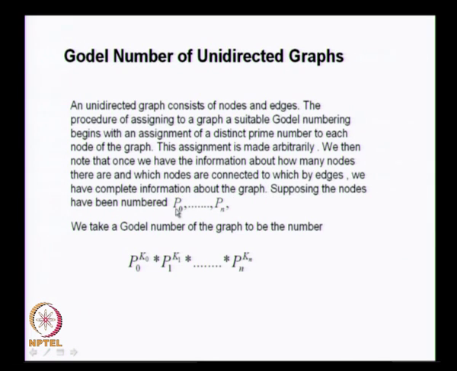Supposing the nodes have been numbered P0, P1 to Pn, because we are assigning prime numbers to them, we take the Gödel number of the graph to be the number P0 to the power K0, P1 to the power K1, P2 to the power K2 and so on up to Pn to the power Kn.